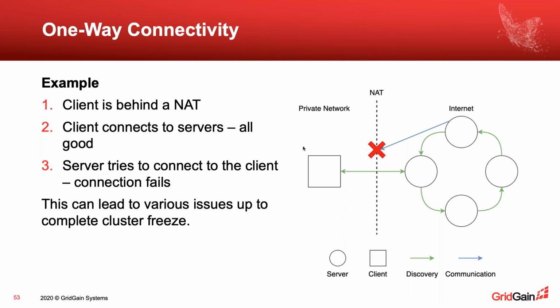I have seen a lot of installations where there are applications running inside Kubernetes and server nodes running on bare metal. And in this case, you will get exactly this situation, and you need to use these one-way connectivity capabilities, which have actually been added just recently, I think just a few months ago. And this is what you need to work with Kubernetes in a lot of these environments.